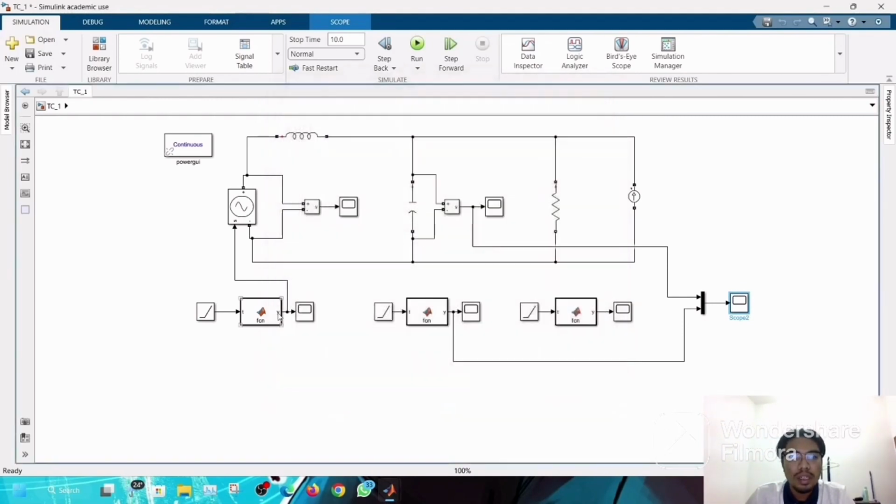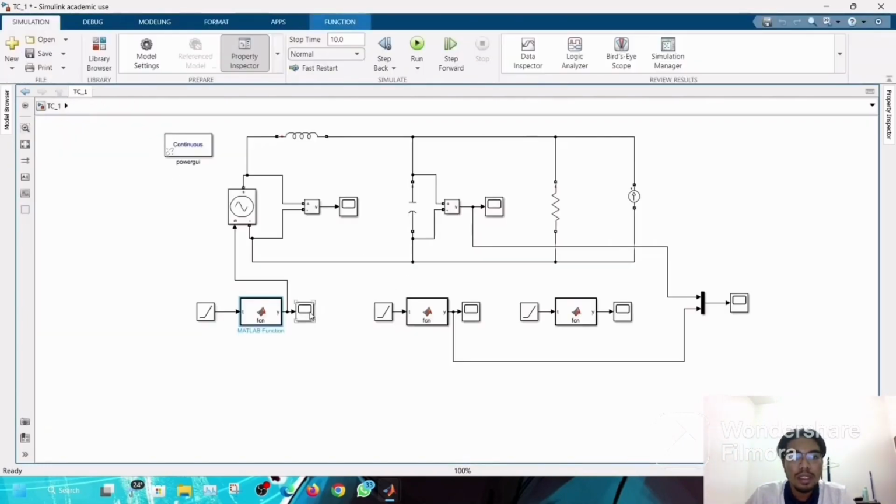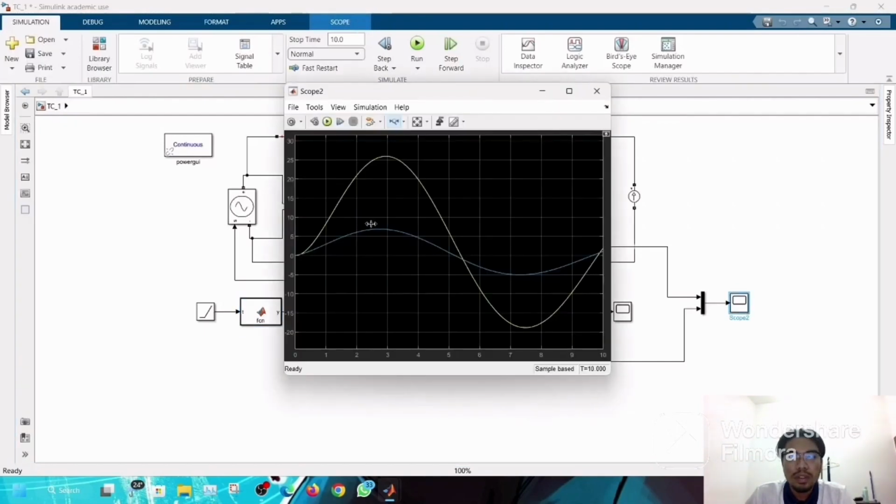So then next is we change the value of 10 to 50, because the question is 50 exponent. Then we click run, so we see the comparison of waveform. So we get this waveform. So that's all from me, the simulation of our group.